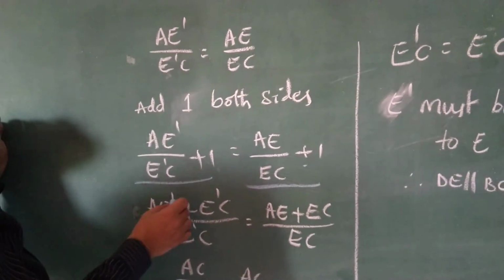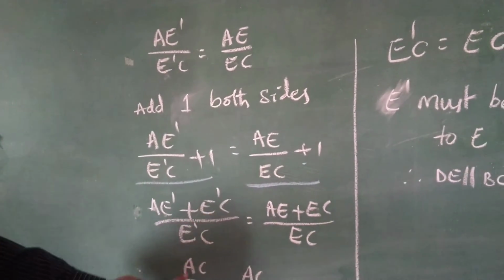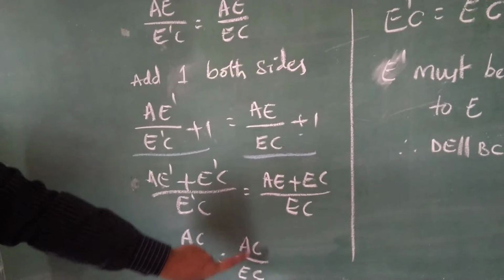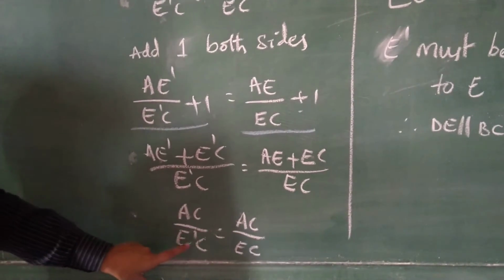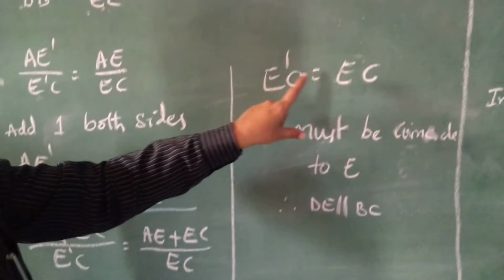That is AC by E dash C equals AC by EC, so E dash C is equal to EC.